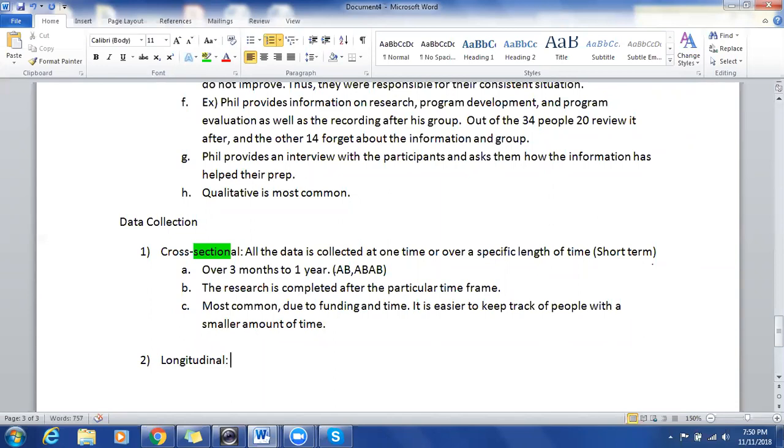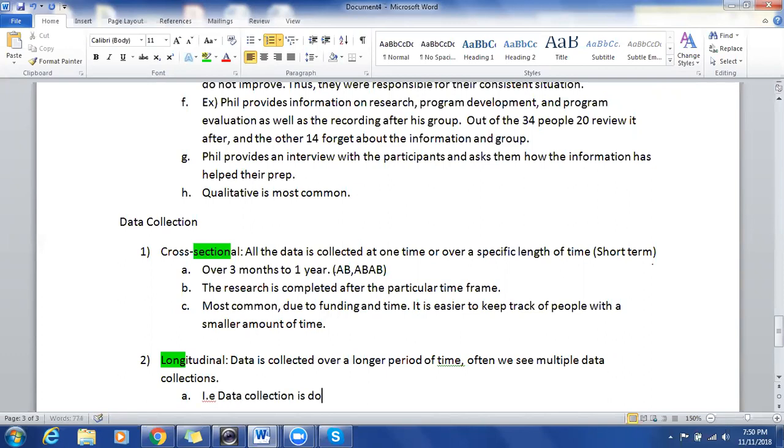So that is why longitudinal, if you emphasize the word long, is a longer type study. Data is collected over a longer period of time. Often we see multiple data collections, typically at 1 year, 2 years, and 3 years.